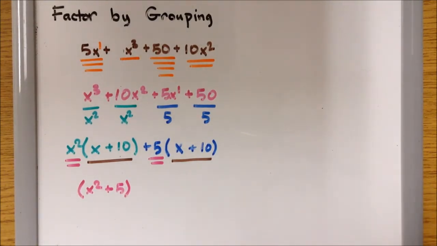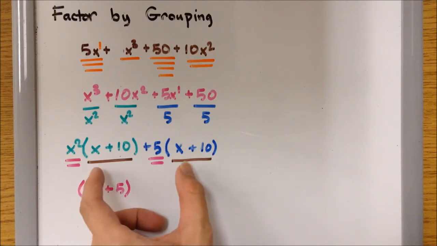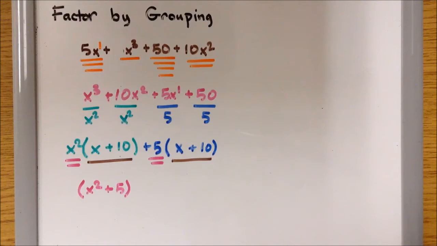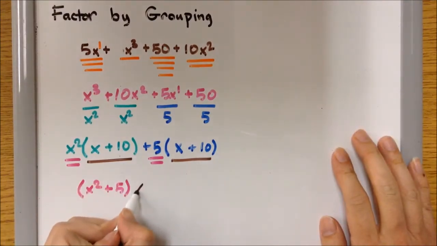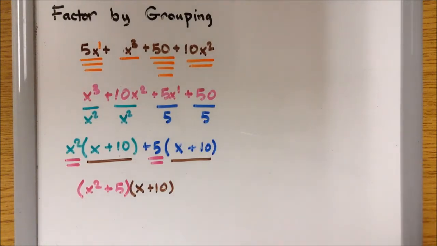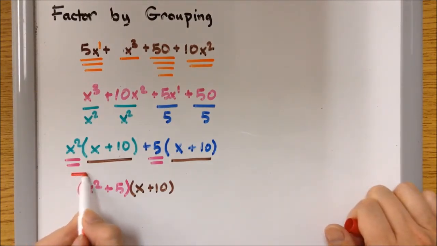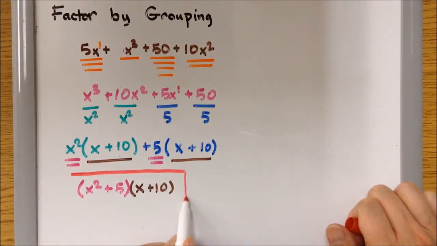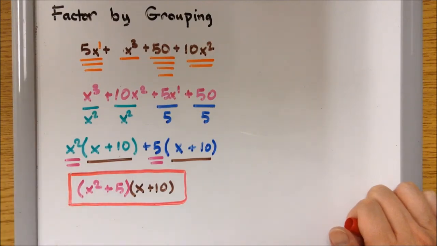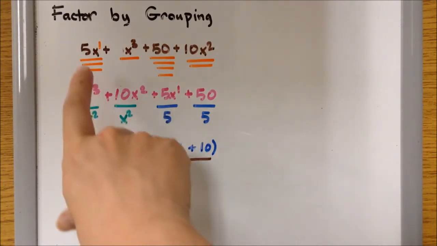And then the ones previously in the parentheses, the one I underlined in brown, I'm going to write one time. So x plus 10 in parentheses, and that's our final answer, factored by grouping. If you were to FOIL this, and if you FOIL it correctly or using the box method correctly, you should have your answer matching with this or this.